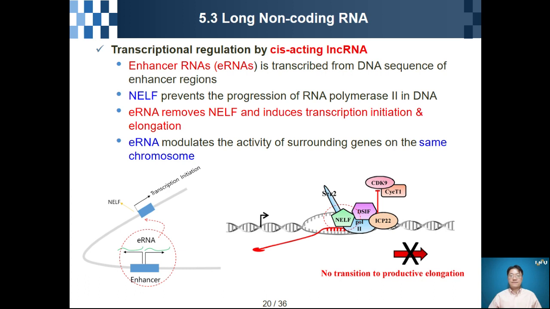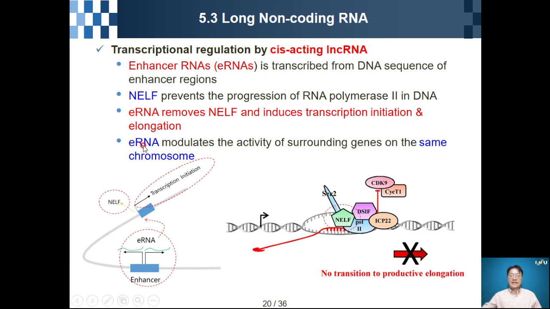This is NELF, another transcription factor which prevents the progression of RNA polymerase II on the DNA. So it means that NELF prevents transcription initiation or transcription elongation. However, the transcribed eRNA removes the NELF. eRNA can remove the NELF and can induce transcription initiation and elongation.